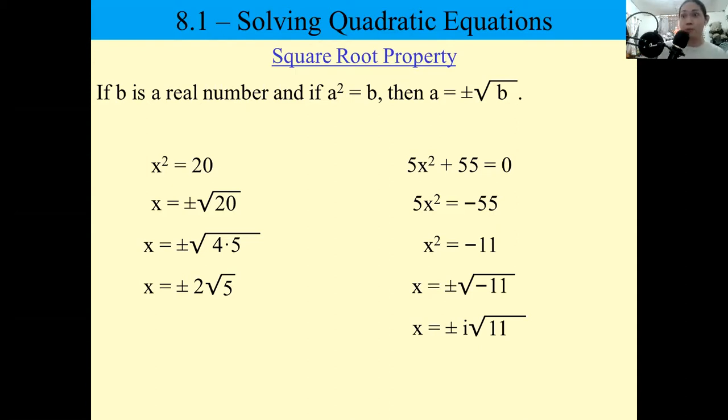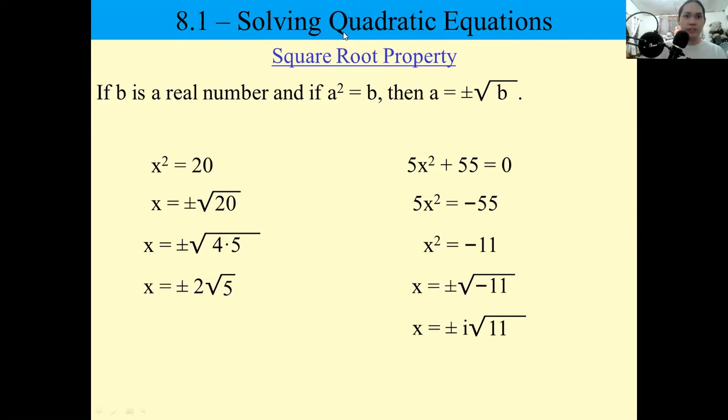You will be wondering about that, because negative 11 can be factored as negative 1 times 11. We all know that square root of negative 1 is i. It is an imaginary number. That's why we have the final answer as x is equal to positive and negative i square root of 11. Got it?